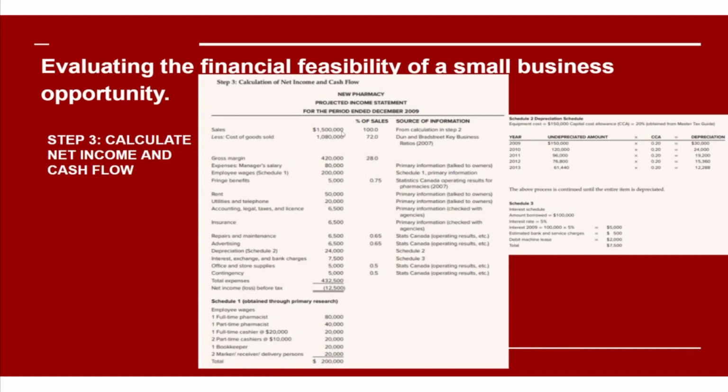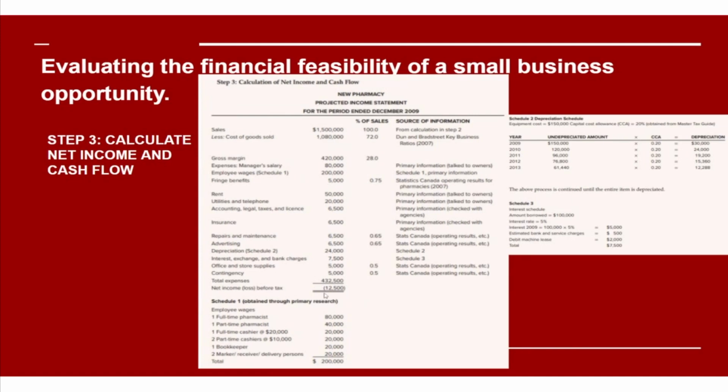Our gross margin is just the difference between what we sell and what it costs to sell it. Then we subtract off all our projected expenses, which we should be able to determine, and that gives us our net income.